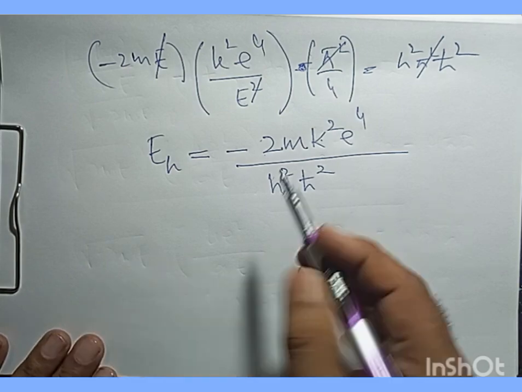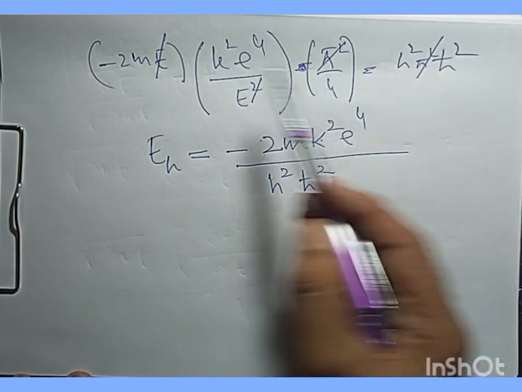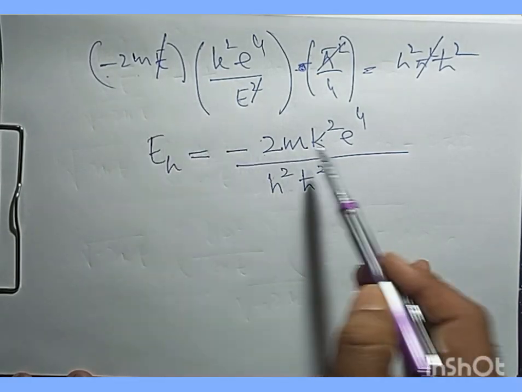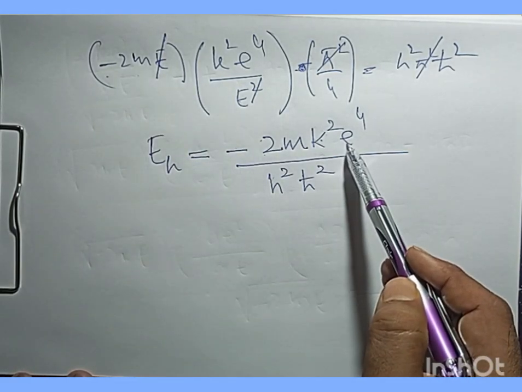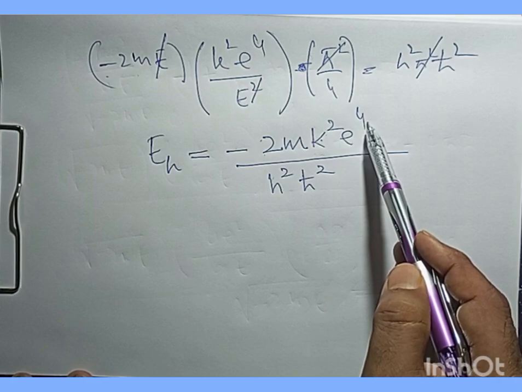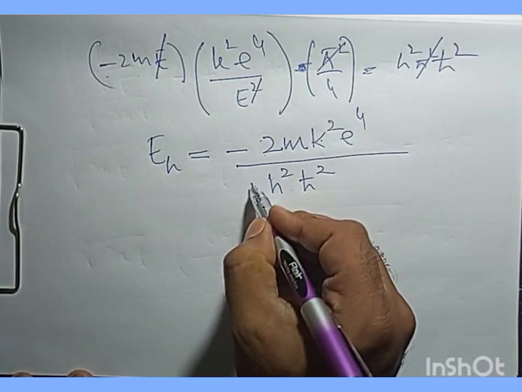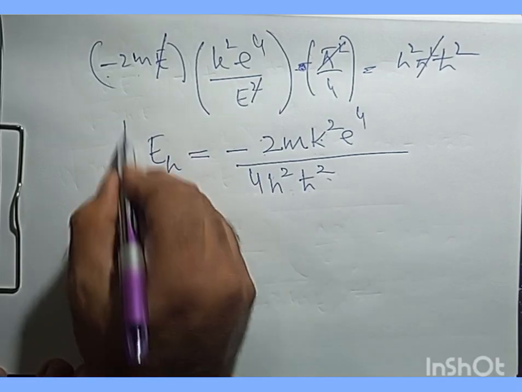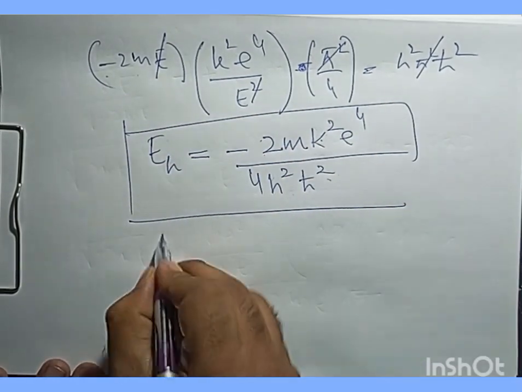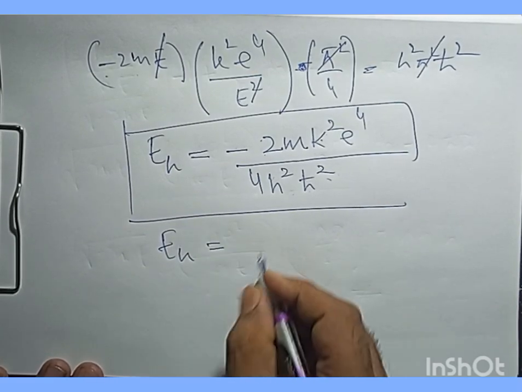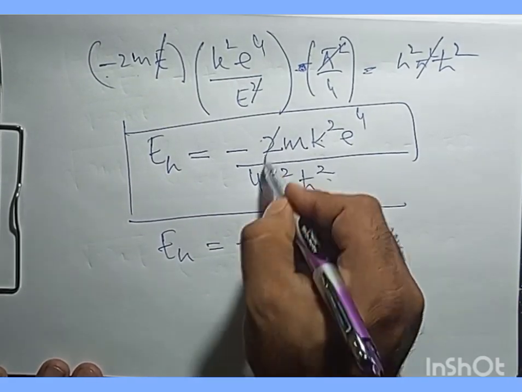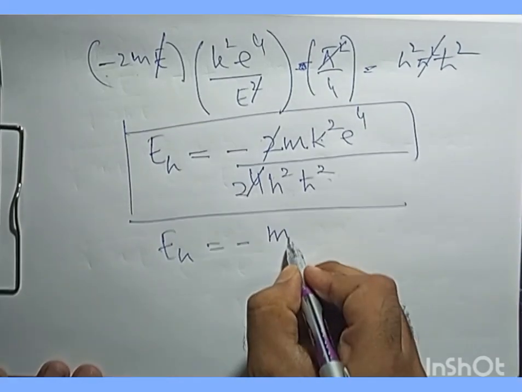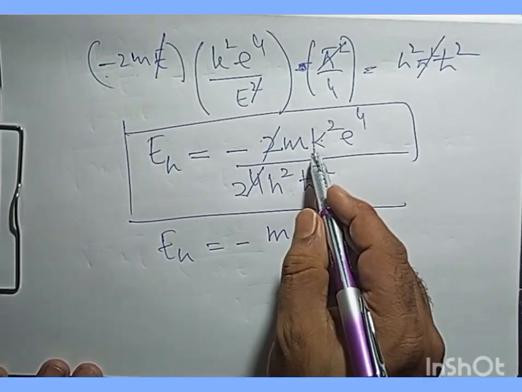Okay, this e has gone here, and this whole thing will remain as minus 2m k square e to the power of 4. Then we will divide by 4 n square h cross square. So this is my en, and let me go with it. This is en is minus, this 2 and 4 will go, so this is minus m. Okay, then what is k?